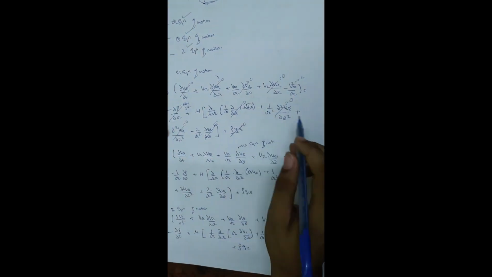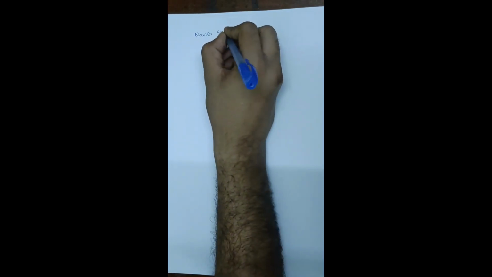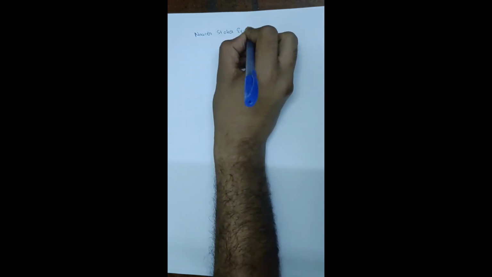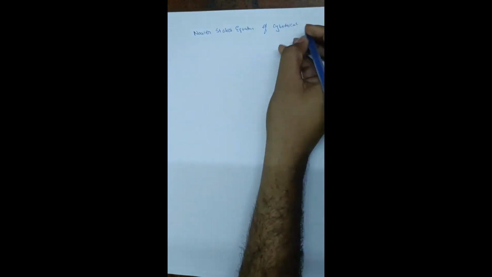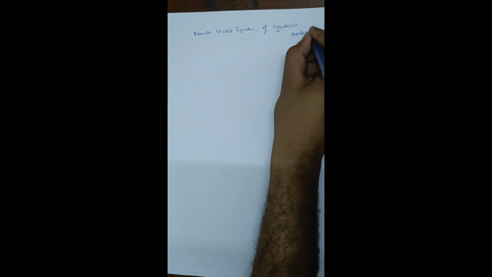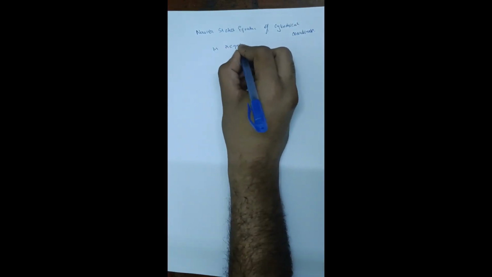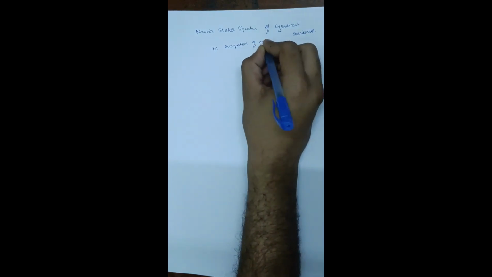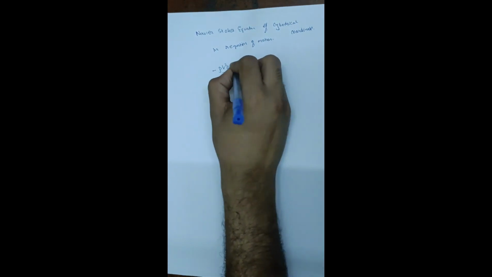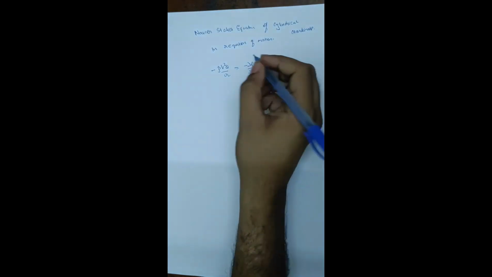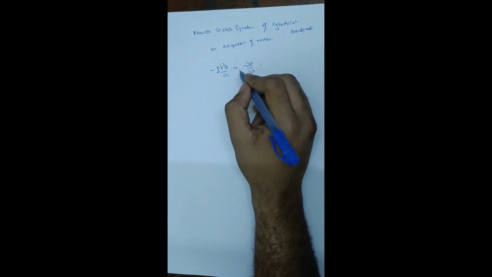So finally, our Navier-Stokes equation in cylindrical coordinates, in the r equation of motion, comes out to be minus rho v square theta by r is equal to minus dou p by dou r.